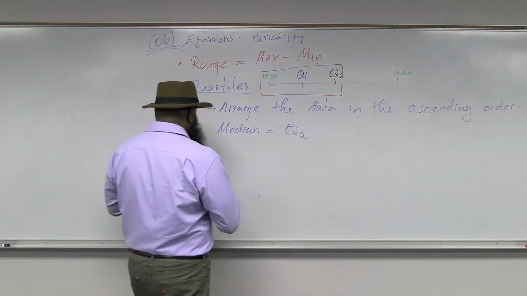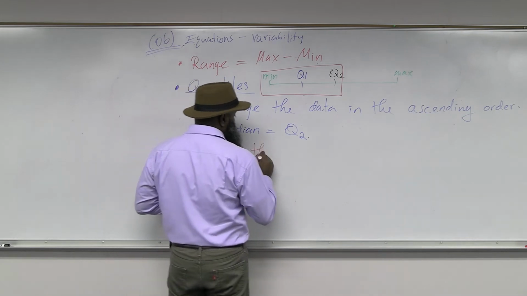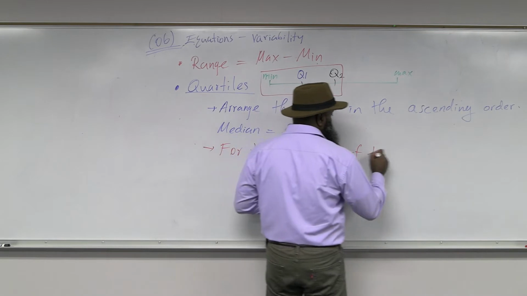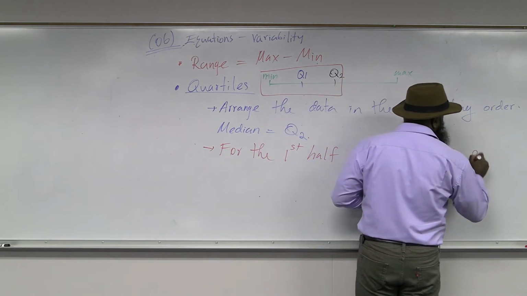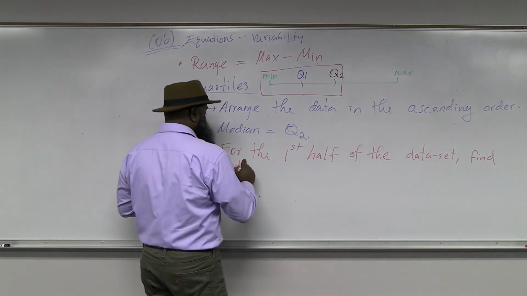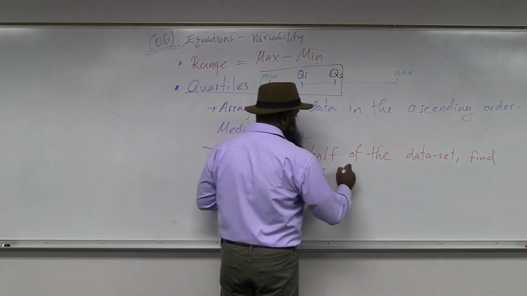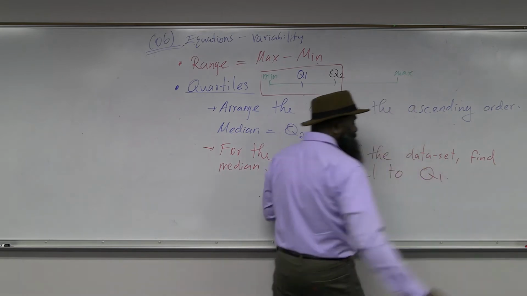For the first half of the data set, find the median, and it will be equal to Q1.